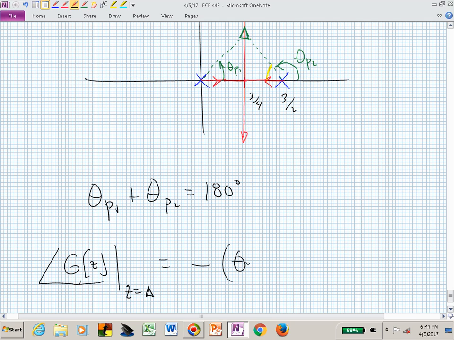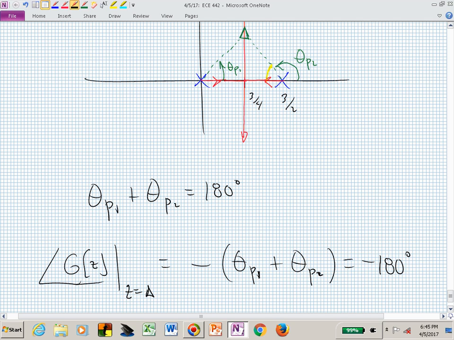I have minus the angle due to the pole at the origin plus the angle due to the pole at 3/2. But wait, by geometry, I know that the sum of those two add to 180, which now says they satisfy the phase angle condition and they're on the root locus. And now I've convinced myself that the root locus sketch that I've been playing with all night is indeed true.